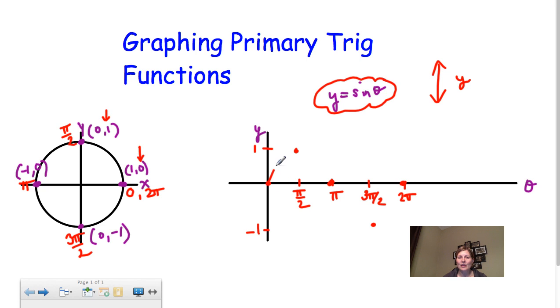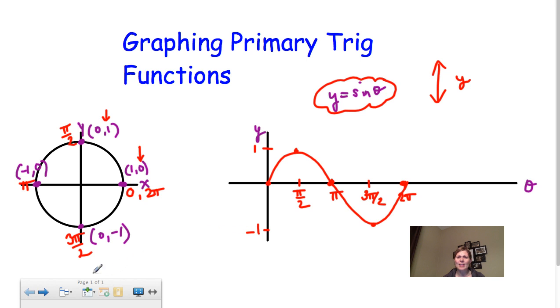So the sine function starts on the axis of curve and ends on the axis of curve, and that's one complete period. So one complete period is 2 pi radians. Starts on the axis of curve, goes up to a max, back to the axis of curve, down to a min, and back to the axis of curve.